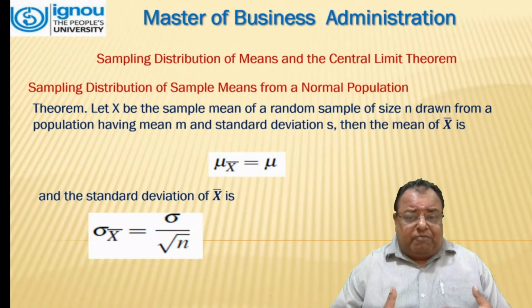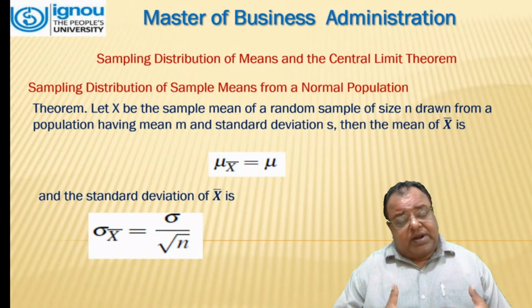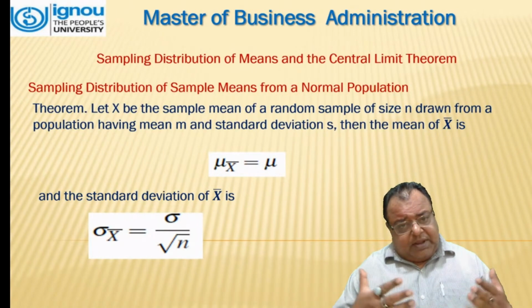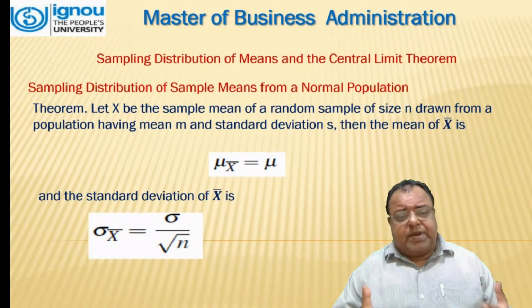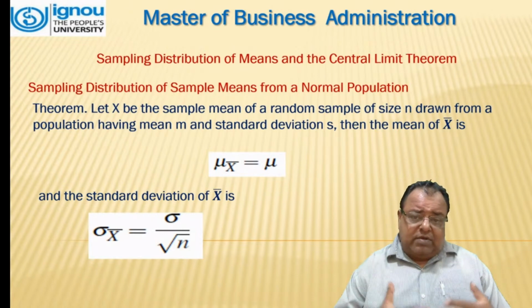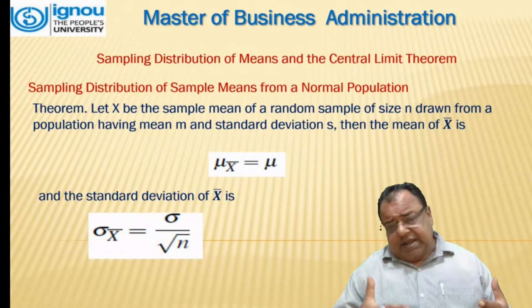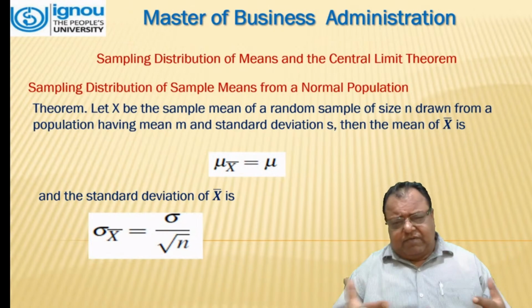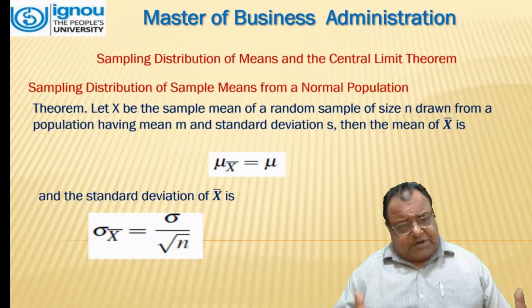Sampling distribution of means and the central limit theorem. Sampling distribution of sample means is basically taken from a normal population.